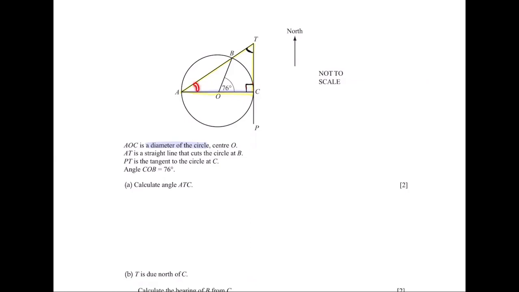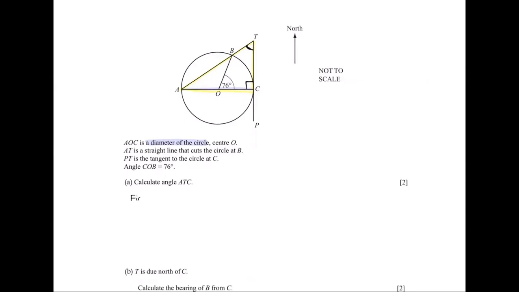We need to find this one here. So now I need to find angle OAB, which is equal to 180 minus angle AOB, divided by 2. Why divided by 2? Because it's an isosceles triangle.